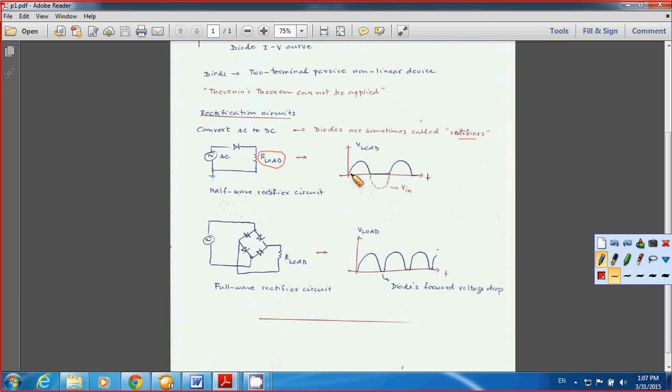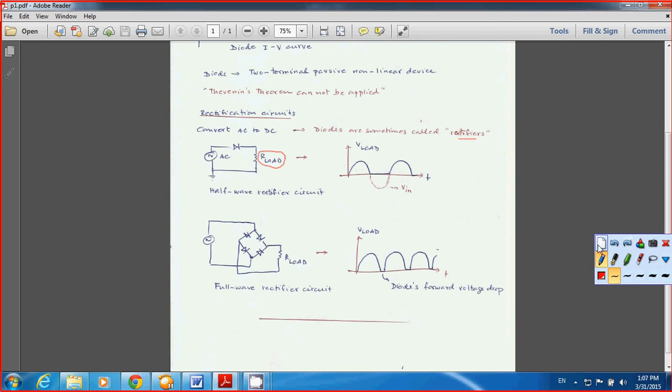When you have your input signal, let's say a sinusoidal wave, that's the red line here, when you pass the signal to a diode, you will have the output look like the blue line here, where you just pick up the positive signal and ignore the negative signal, or not allow the negative signal to pass through the diode.